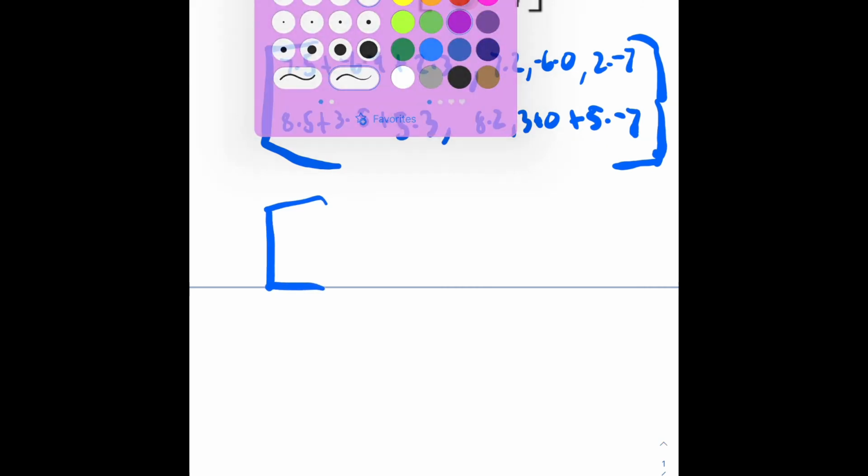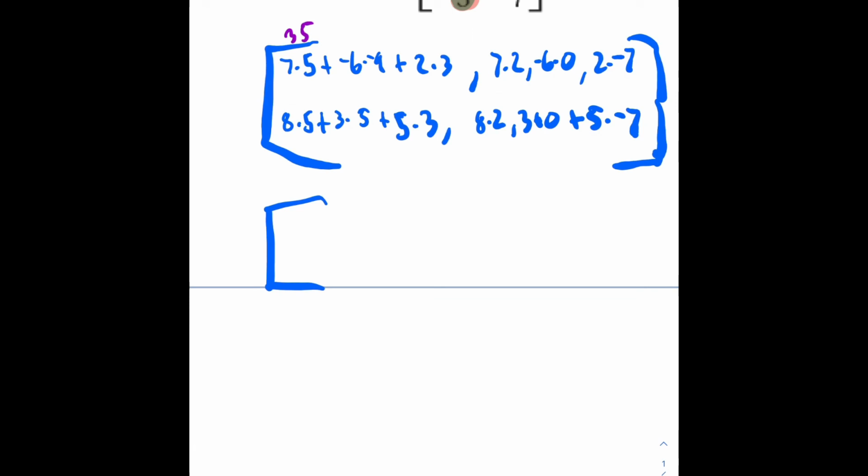I'm just going to say this here: 35, 54, and 6. 14 plus 0 minus 14. 40 minus 27 plus 15. 16 plus 0 minus 35.